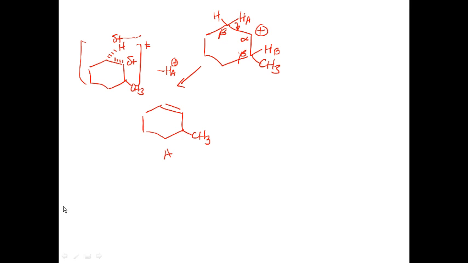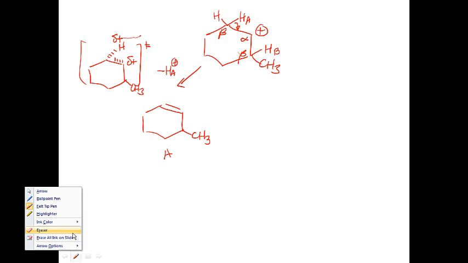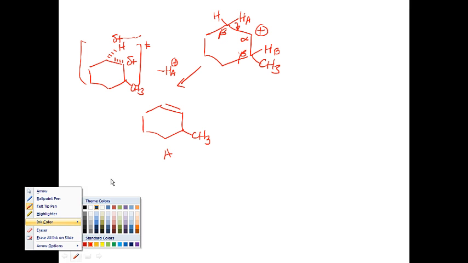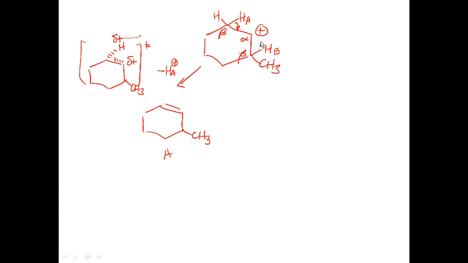If I took this pair of electrons from HB and I moved it there instead, I'm going to lose HB plus, and that's going to give me then the double bond down here, and product B. My transition state for that step would look like this.